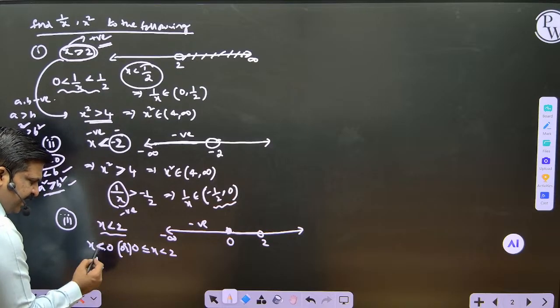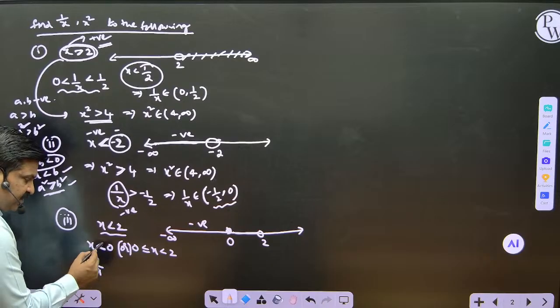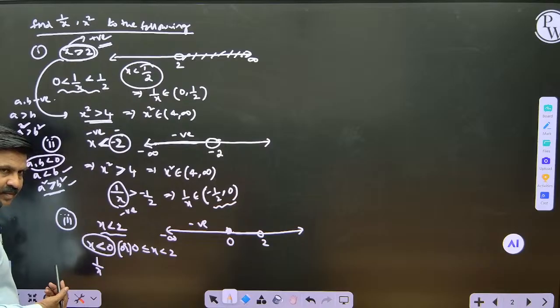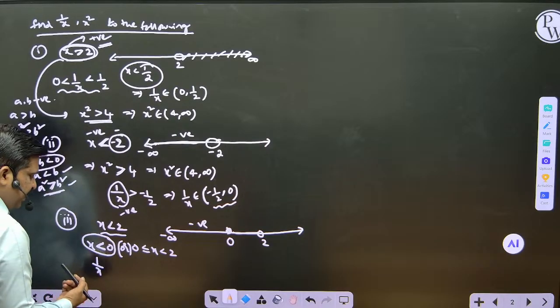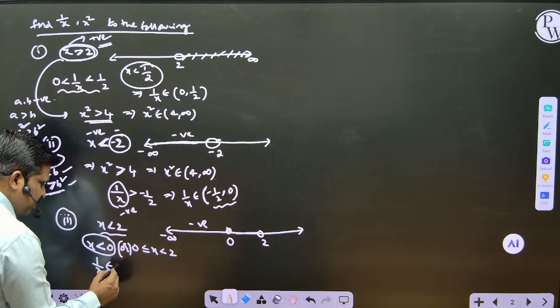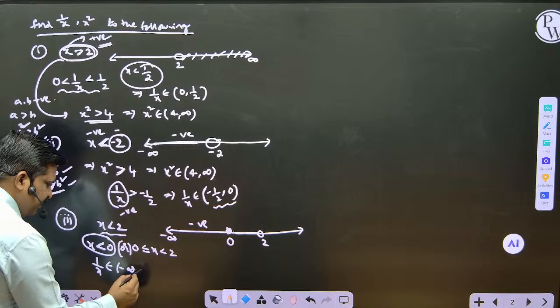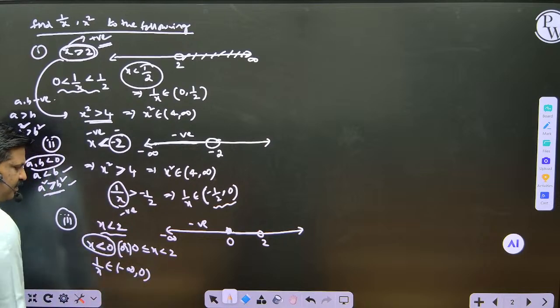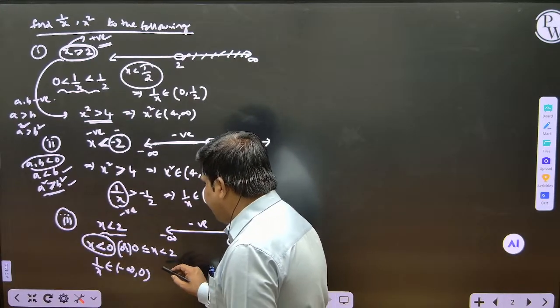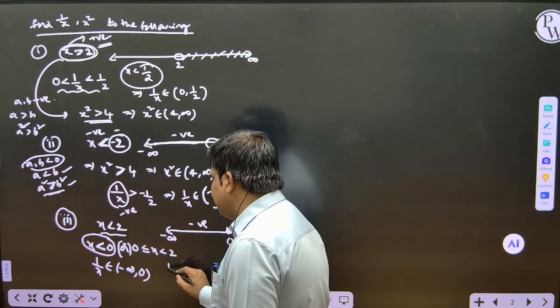But x is negative, so 1 by x is also negative. So that's why 1 by x belongs to minus infinity to 0. 1 by x belongs to minus infinity to 0.